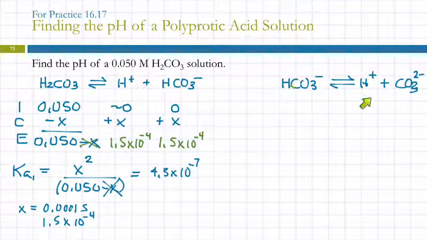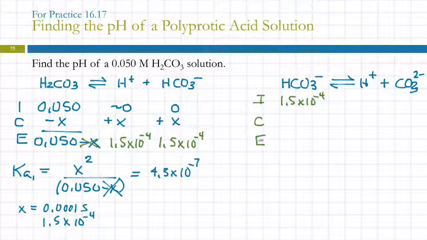So then if we look at this one over here, now we have a concentration for the HCO3. It's the 1.5 times 10 to the minus 4. Can we say that the hydrogen ion concentration is essentially 0? No, because we've already got 1.5 times 10 to the minus 4 molar hydrogen ion from the first ionization.